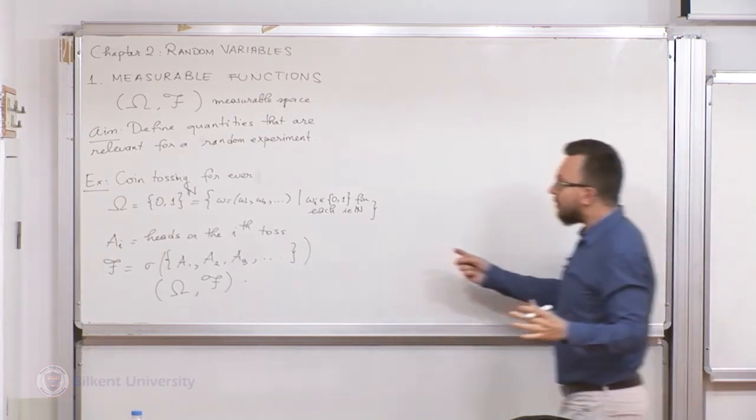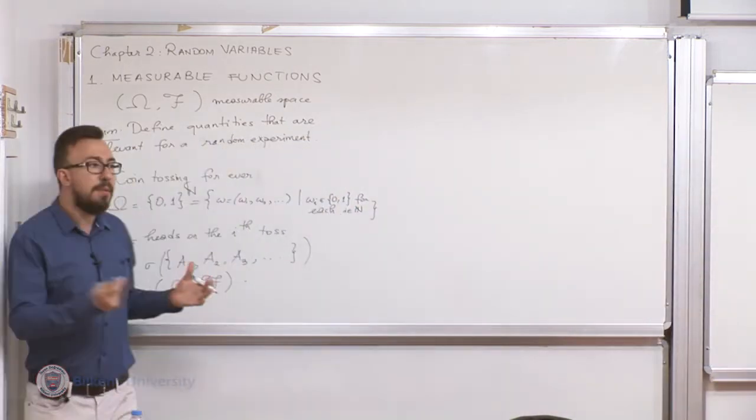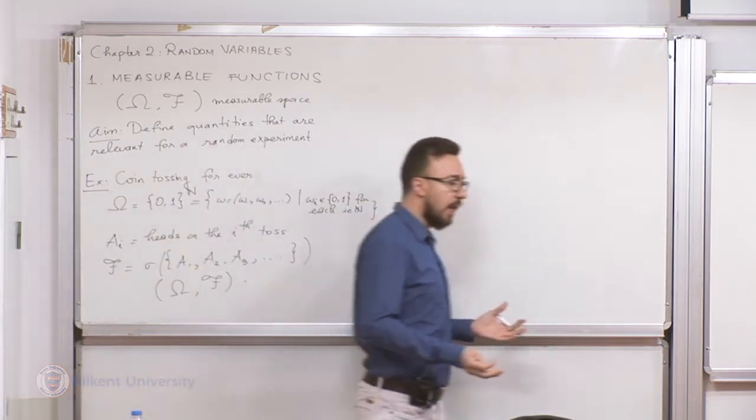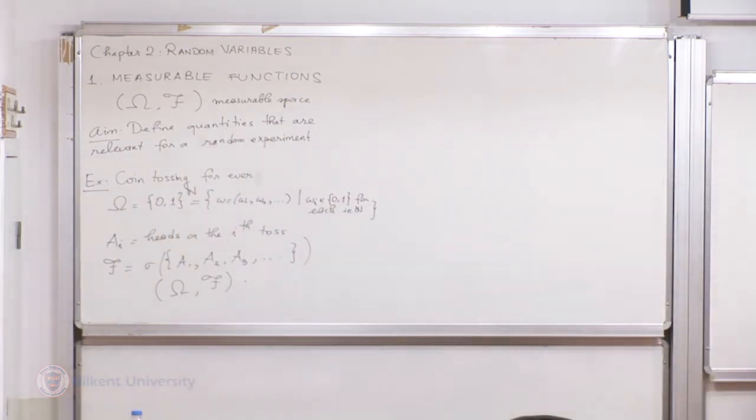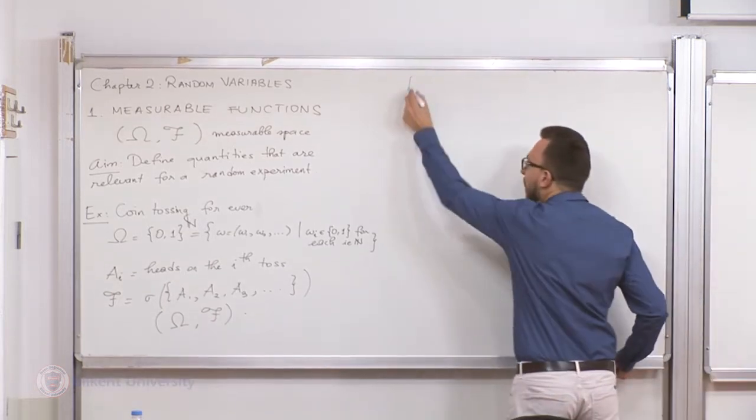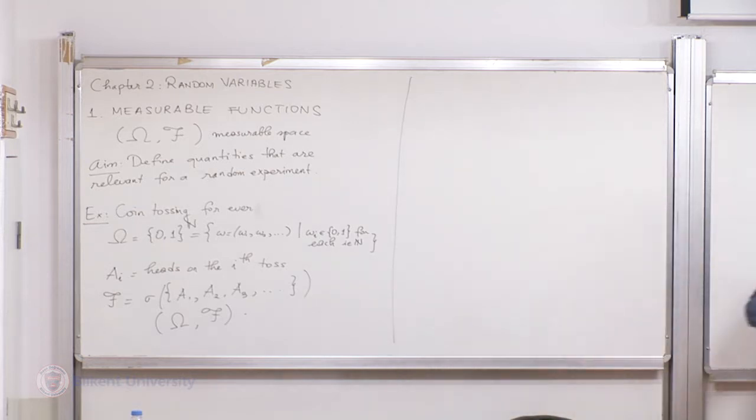So now, in this random experiment, every outcome is a sequence, okay? But maybe we're not really interested in the whole sequence, okay? Maybe a group of people are working on this random experiment, so they are using a common probability space, common measurable space.